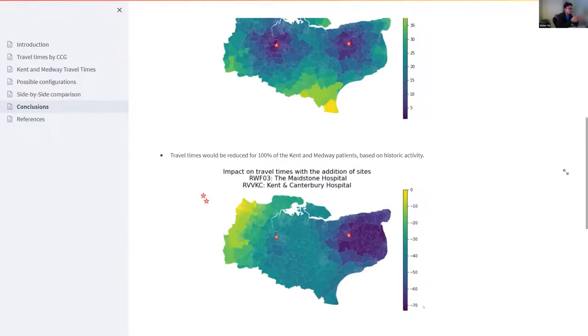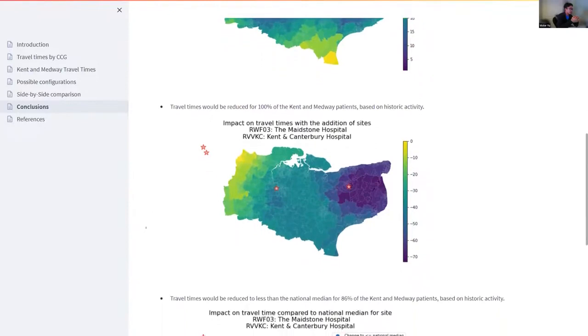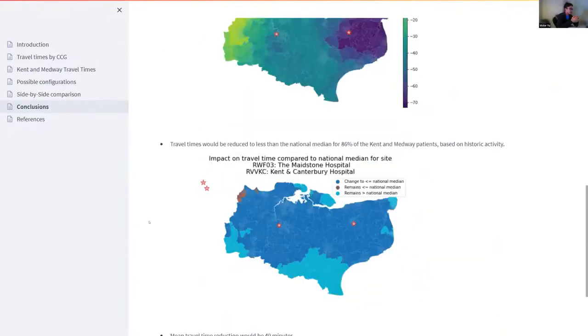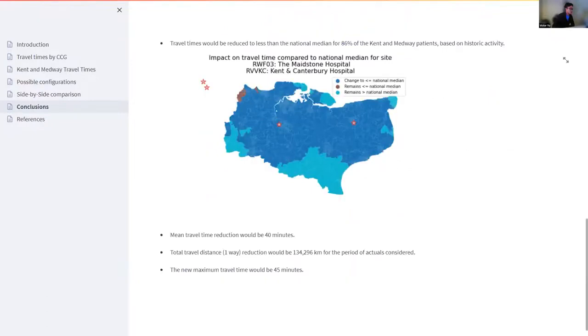But what's probably the most significant now is if you look on the final map, then travel times are now below the national median for just over 85% of Kent and Medway patients, which you can see in the darker blue LSOAs. But there are still some regions, particularly around South Kent, which still remain slightly above the national median.